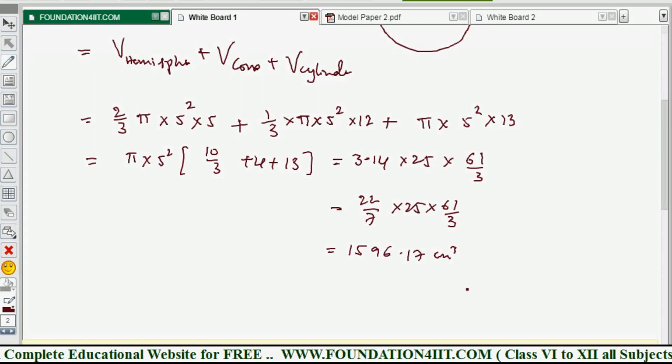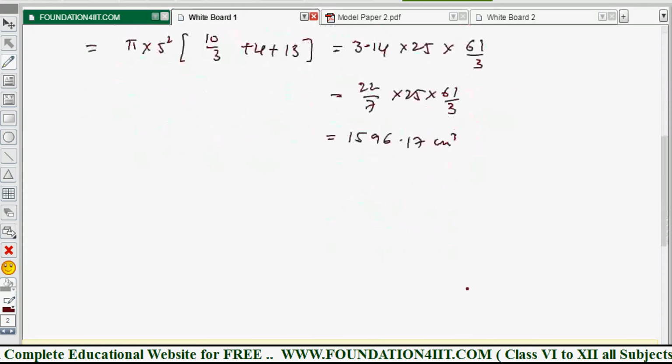Okay. Now the surface of the toy, that means if you want to find the surface area, so surface area of the toy is CSA of hemisphere, CSA of the cone and CSA of the cylinder. CSA means curved surface area.